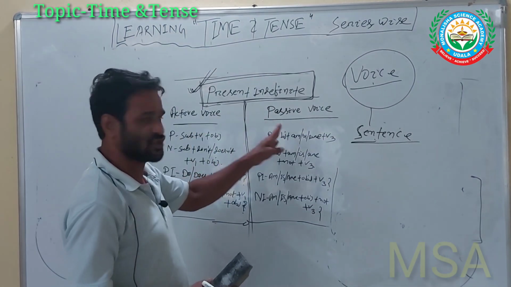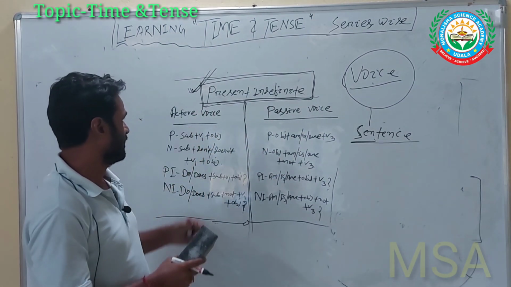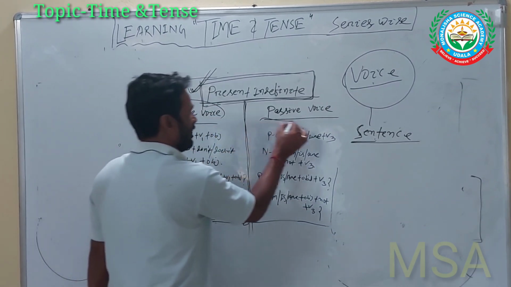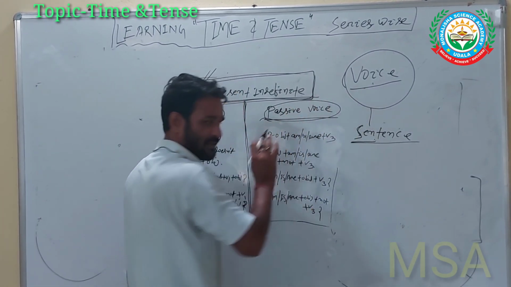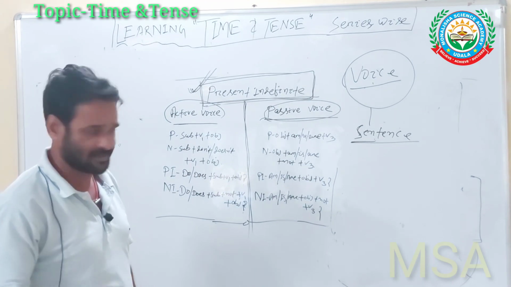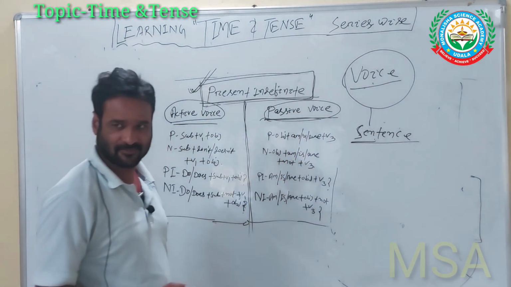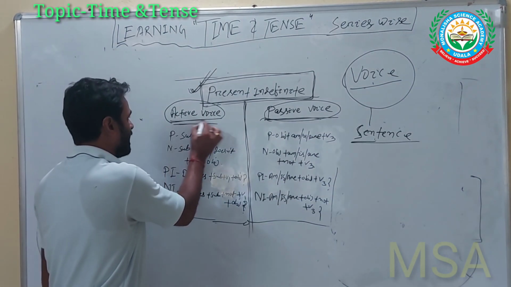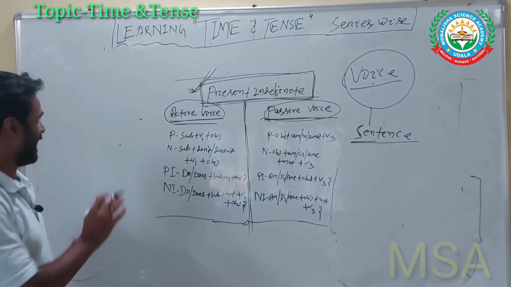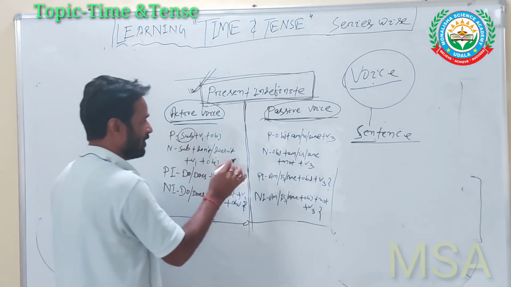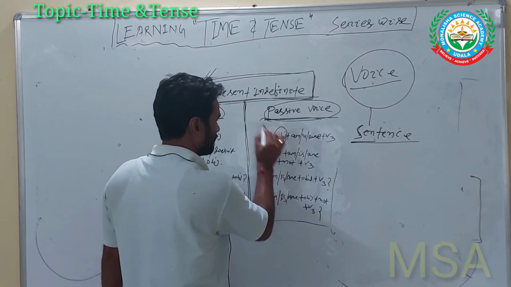So the sentence structure can be divided on the basis of voice into two voices: the first is active voice, the second is passive voice. In the active voice the subject dominates. In the passive voice the object dominates.